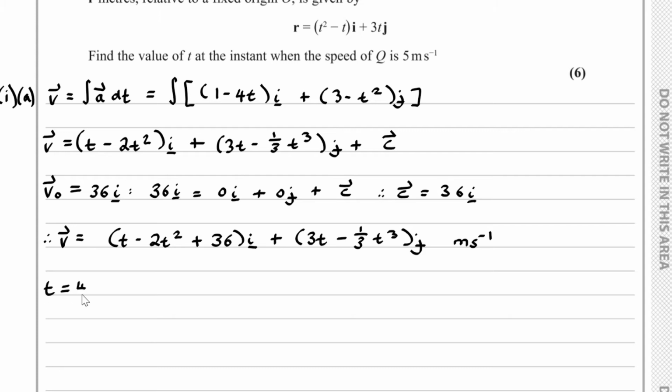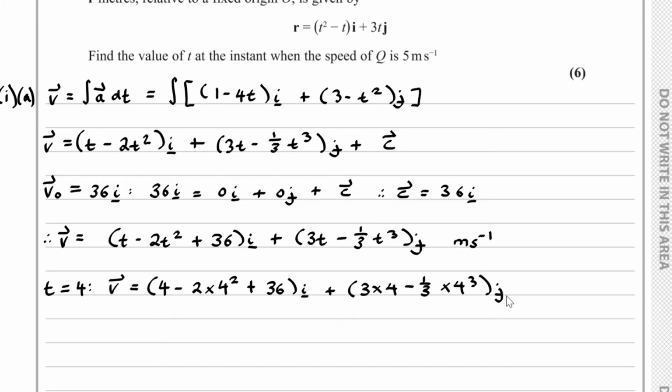So when t is equal to 4, the velocity will equal 4 minus 2 times 4 squared plus 36 in the I direction, and in the j direction we have 3 times 4 minus 1/3 times 4 cubed meters per second.